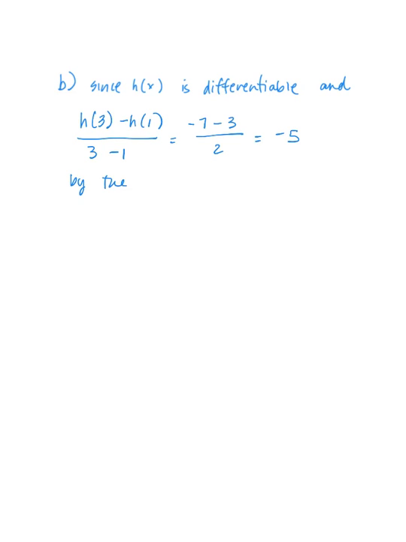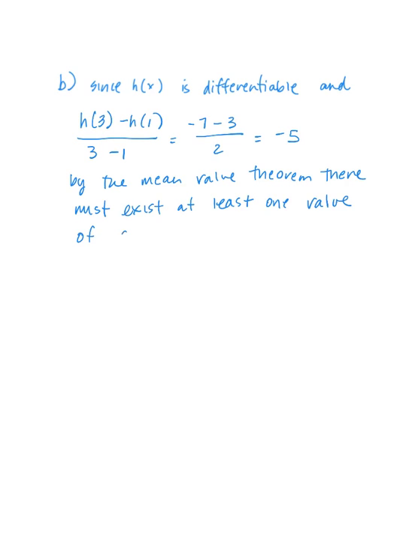That equals negative 5. So we know by the mean value theorem that the slope of the secant line must equal the slope of the tangent line, which is the derivative. And there must, by the mean value theorem, exist at least one value of c in our interval.